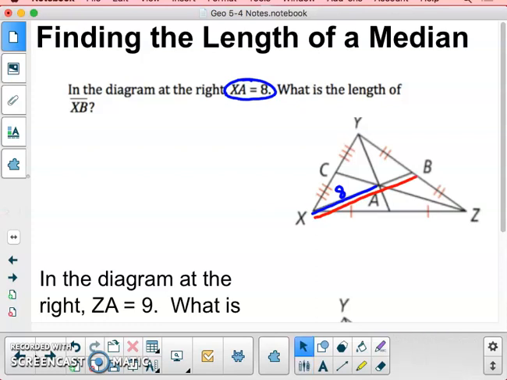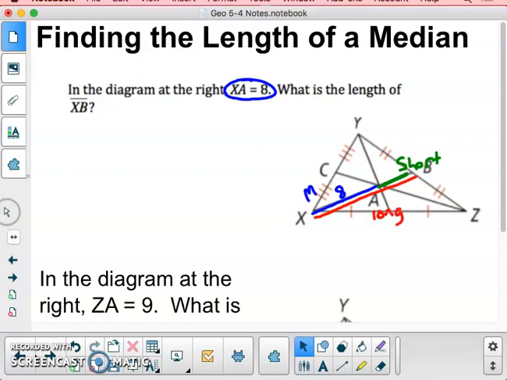In order to figure out the length of XB, I need to know what the length of AB is, okay, the green piece. So what I do with these is I call the green piece that I have up here the short piece, okay? The piece that they gave us, the blue piece, is like your medium piece, okay? And then the red one is like the long piece, all right?